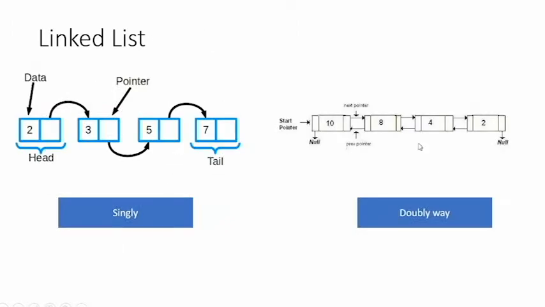This is for singly, and similarly for the doubly linked list. If you create a node here, then you have to change the previous address and the next address correspondingly.